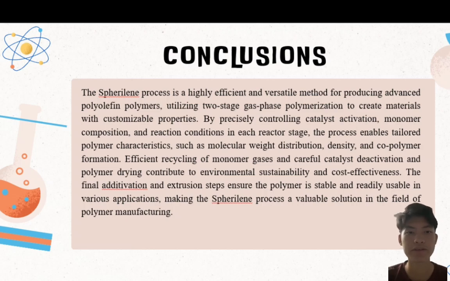In conclusion, the Spherilene process is a highly efficient and versatile method for producing advanced polyolefin polymers, utilizing two-stage gas-phase polymerization to create materials with customizable properties. By precisely controlling catalyst activation, monomer composition and reaction conditions in each reactor stage, the process enables tailored polymer characteristics such as comonomer content, molecular weight distribution, density, and copolymer formation.